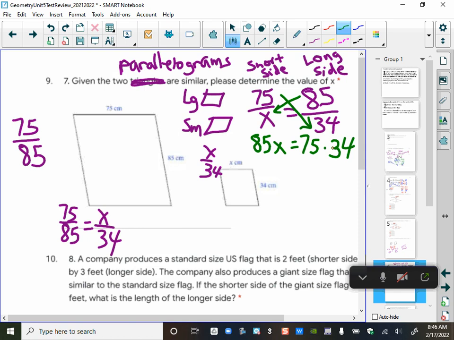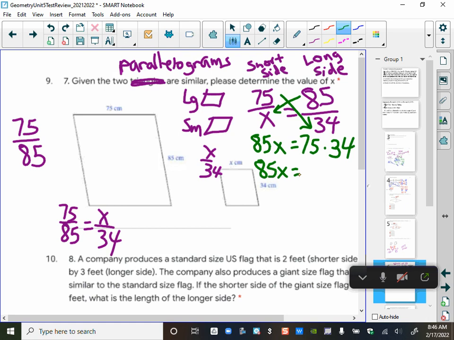So you multiply, right? You've got to multiply diagonally. 85 times x, 75 times 34. That's necessary. That's required. I got an answer, but I don't know if it's right because I'm still trying to get it.